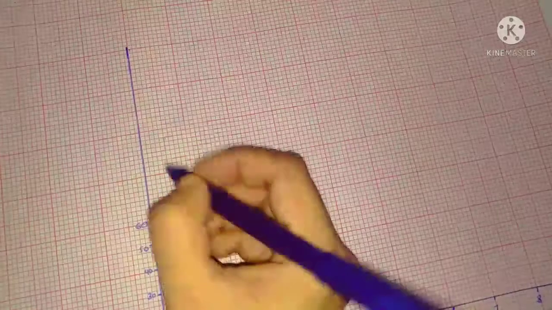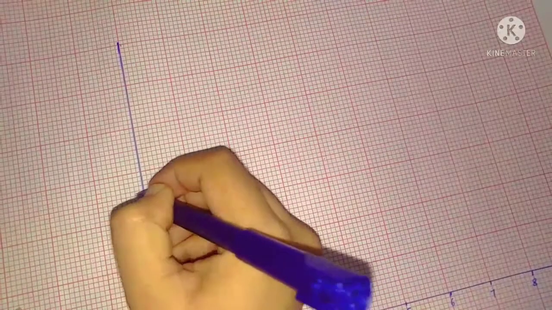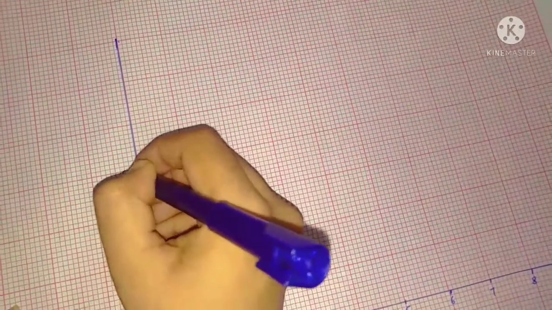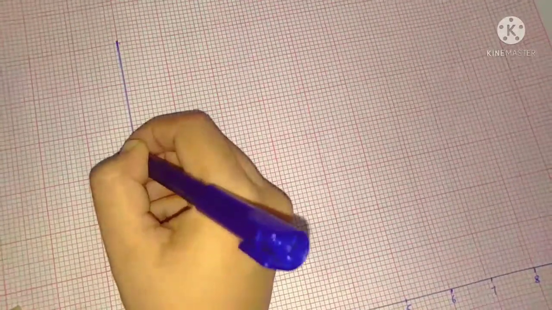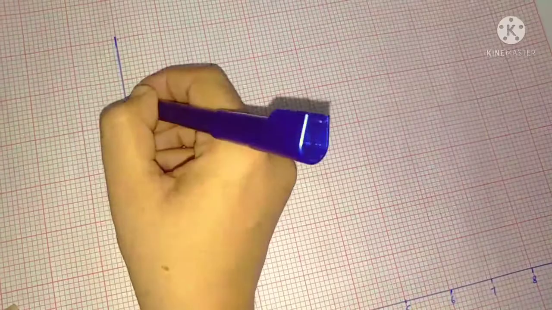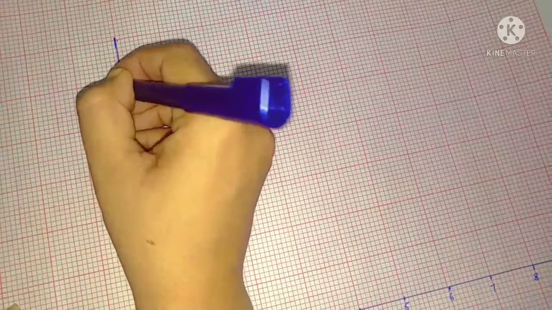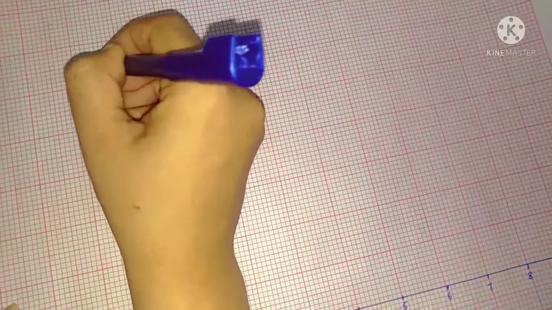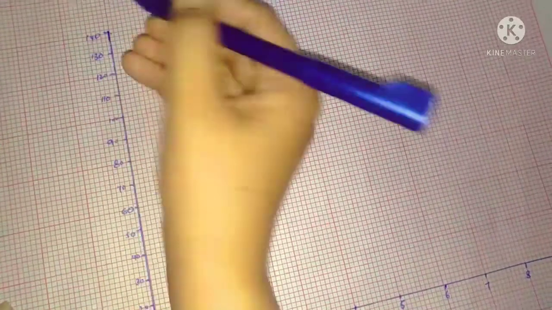We have to see the maximum value in the table. 70, 80, 90, 100, 110, 120, 130.